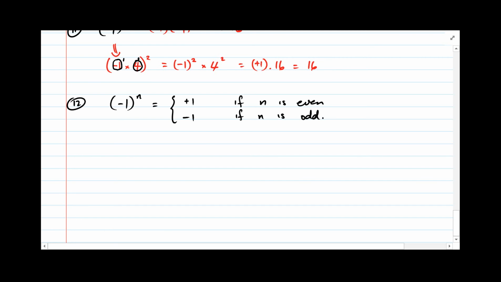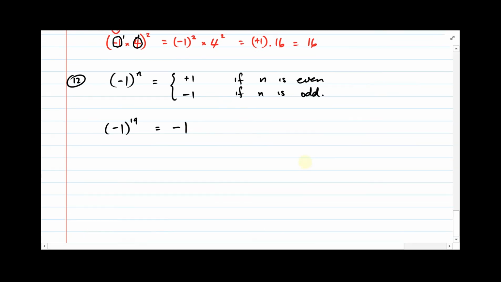So that might be useful as you go through. If I should give you, say, negative 1 to the 19th power, this should be a no-brainer. You should be able to write down your result in less than a minute, less than a second maybe. So it's an odd number, it's negative 1, all right?